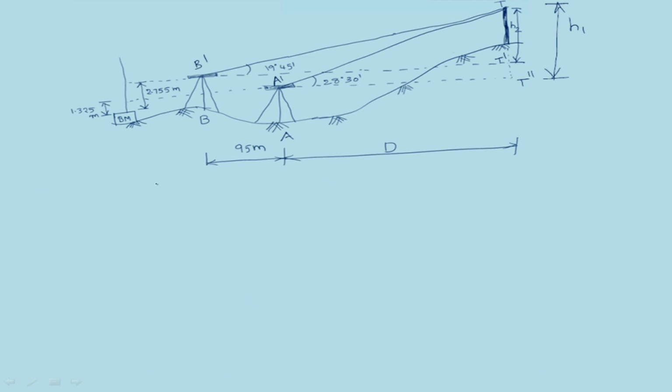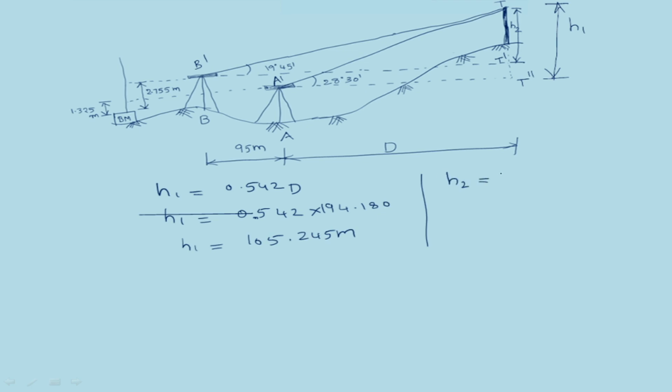We know H1 is equal to 0.542D. 0.542 into the D value 194.180. H1 is equal to 105.245 meters. Substitute the D value in H2.